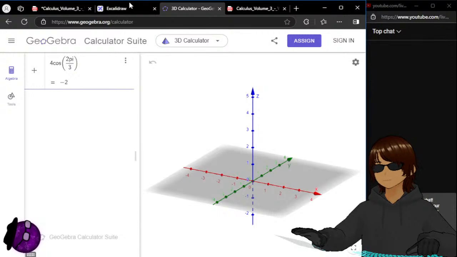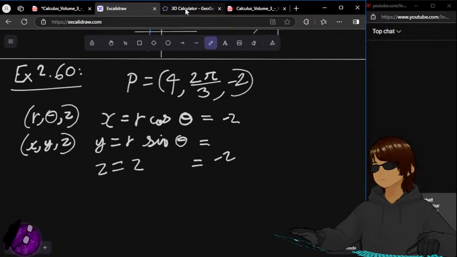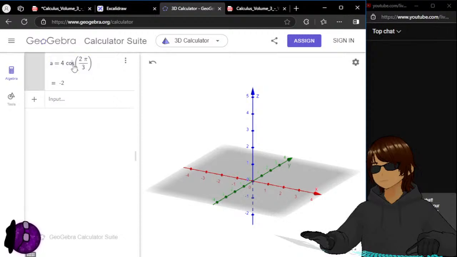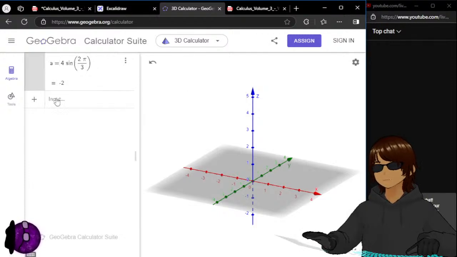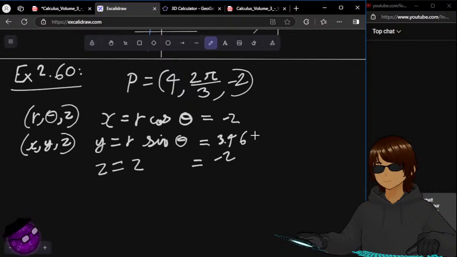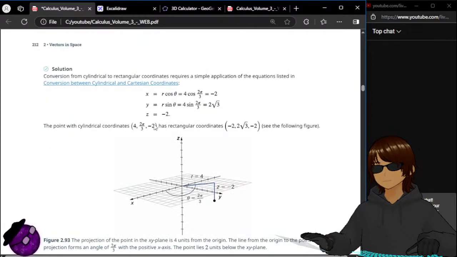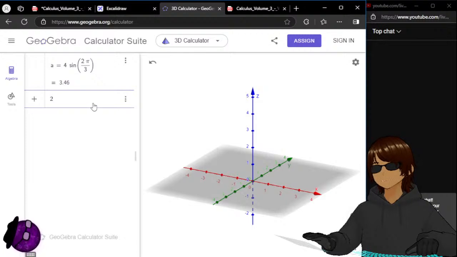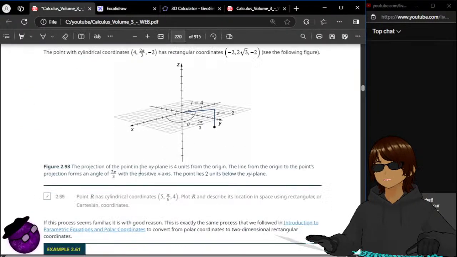It's minus 2. This is a minus 2. Then we have sine, 3.46. Minus 2 root 3. Yeah, it gives 3.46.